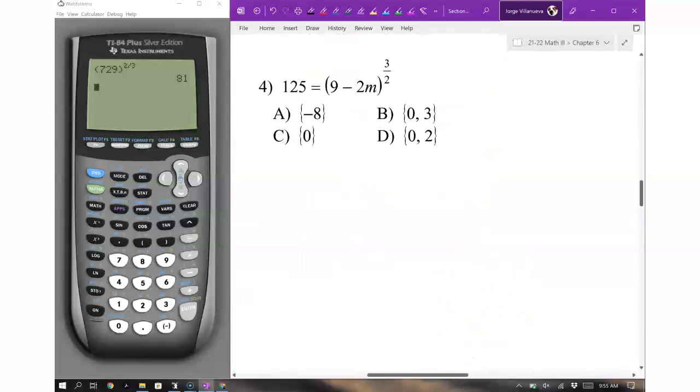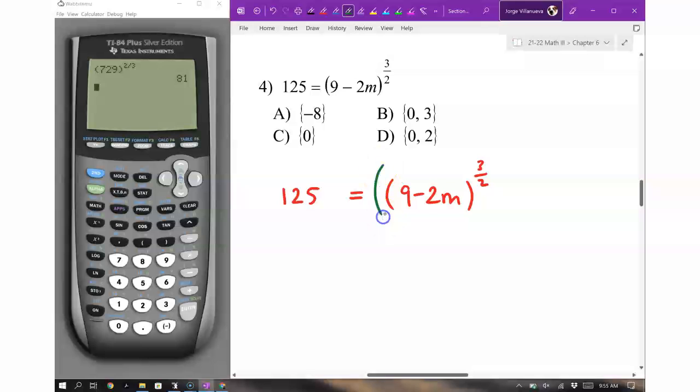Now notice how my variable is stuck inside of a parenthesis, right? A 9 minus 2m. That's not really a problem. Let me just write this out: 125 equal to 9 minus 2m to the 3 halves. If I want to get rid of that 3 halves power, I need to multiply by its reciprocal, right?